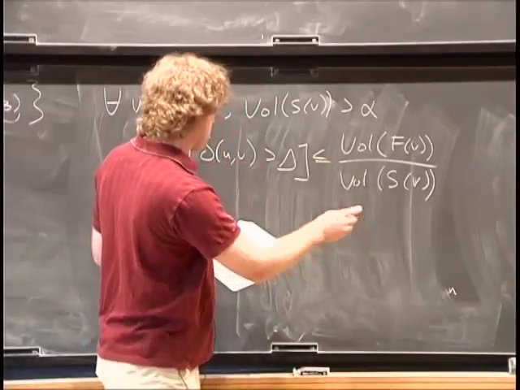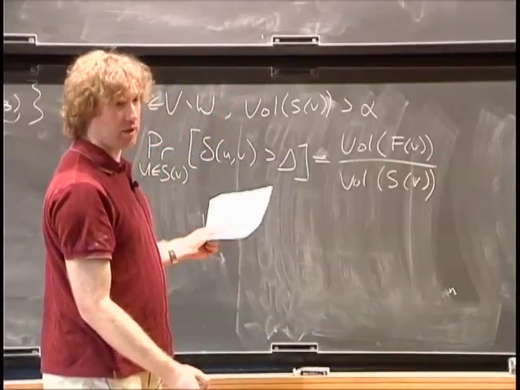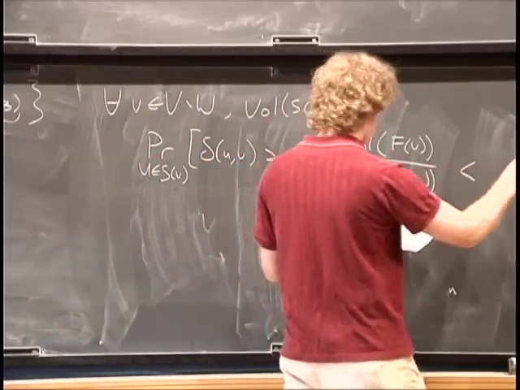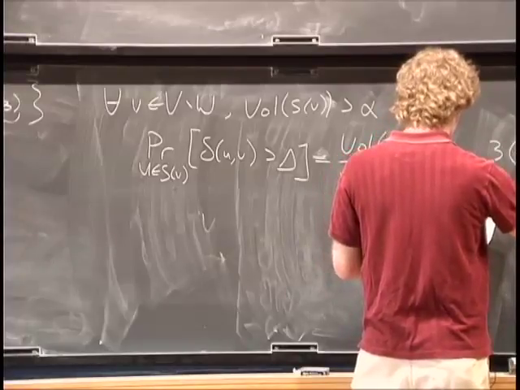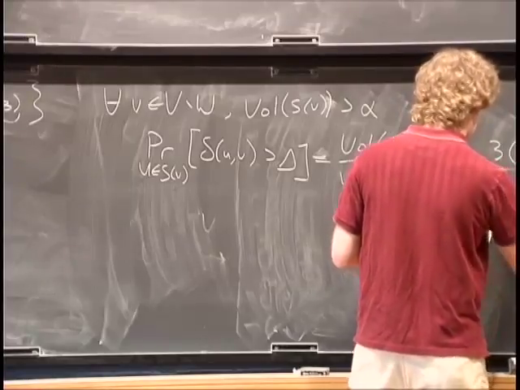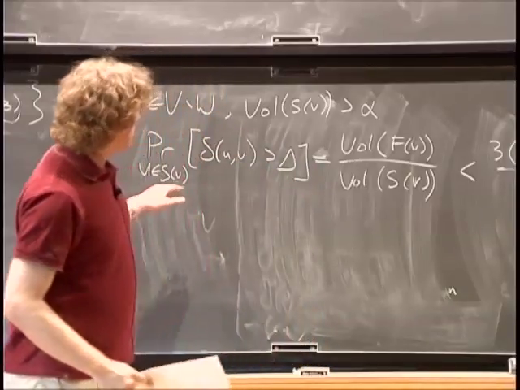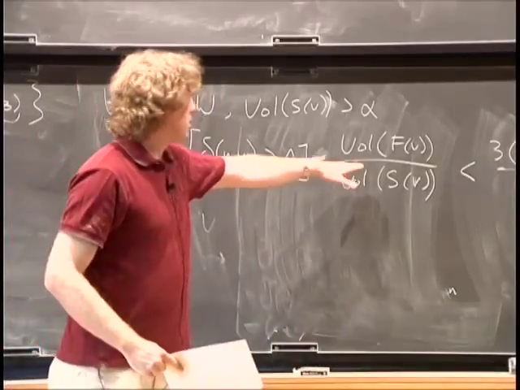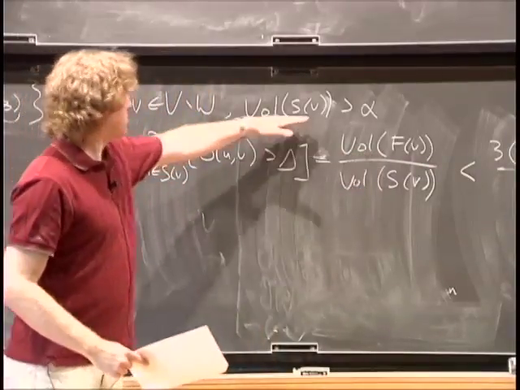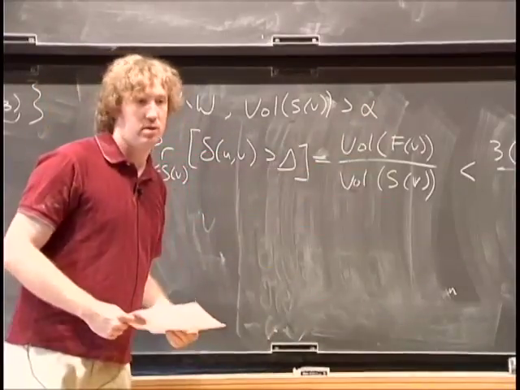F of V is the things that are far and inside the set. Yes. And then this is at most the things that are far from it. Because if it's not in W, then we can upper bound this. And if it's big, we can lower bound this and we combine them.